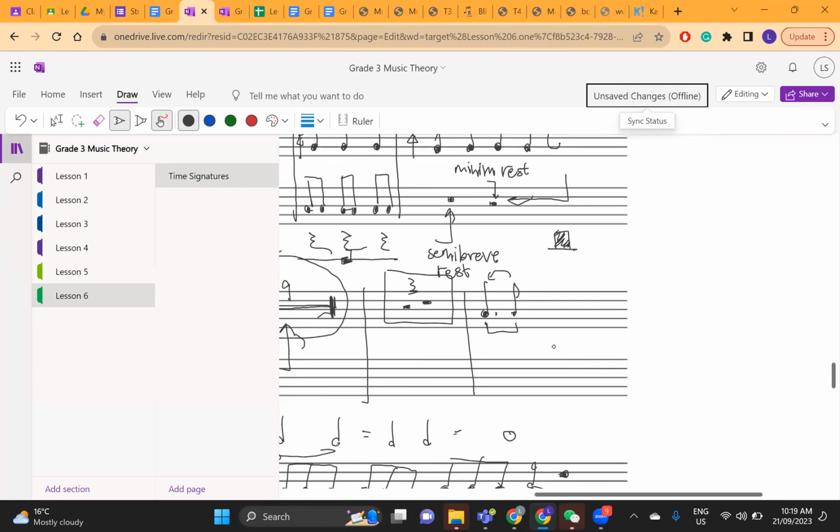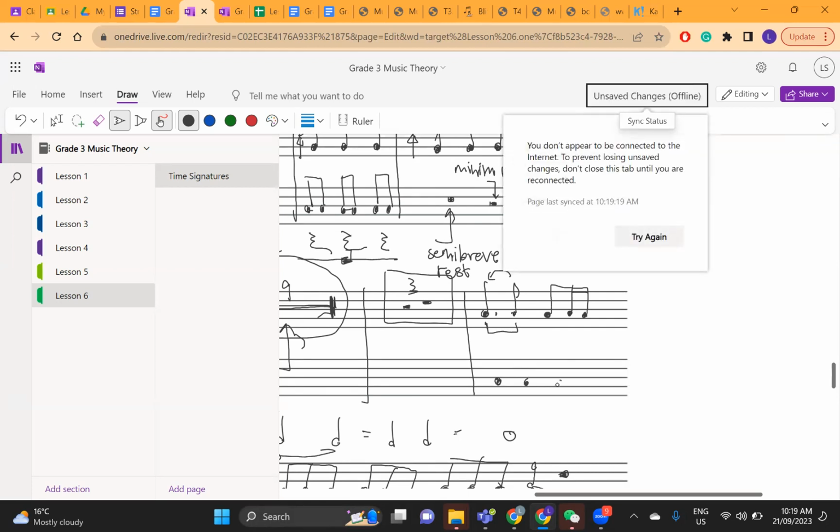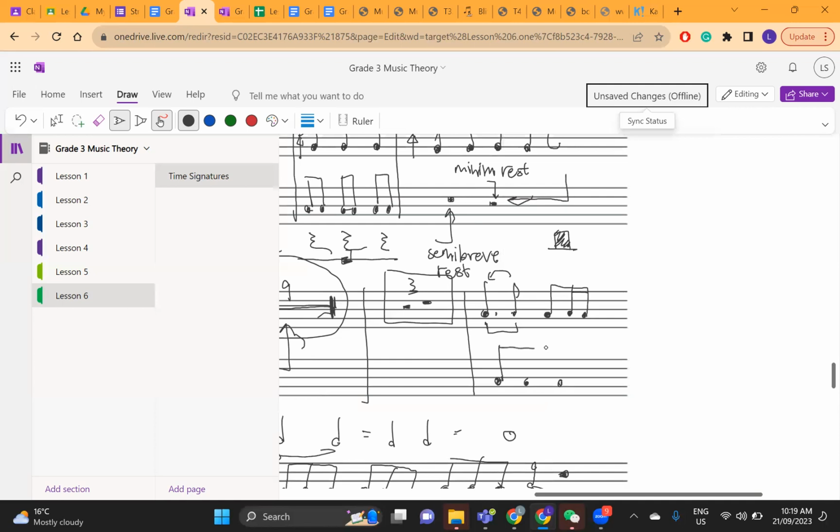You can do this. That's allowed. And interestingly, you can do this. That's a semi-quaver, and that's a semi-quaver, and there's a quaver in between. You can do that.